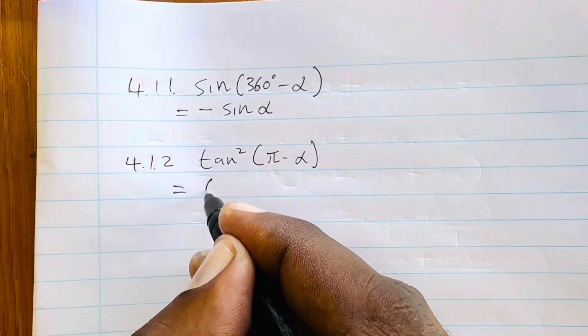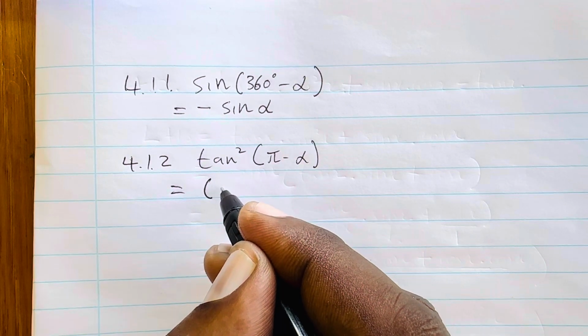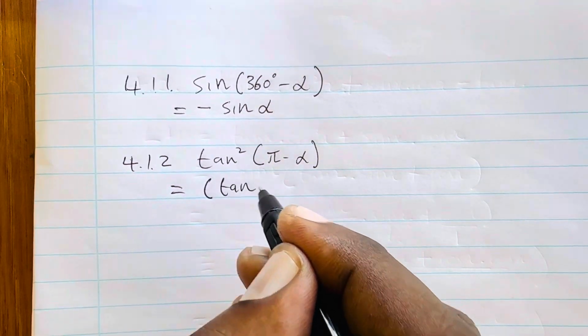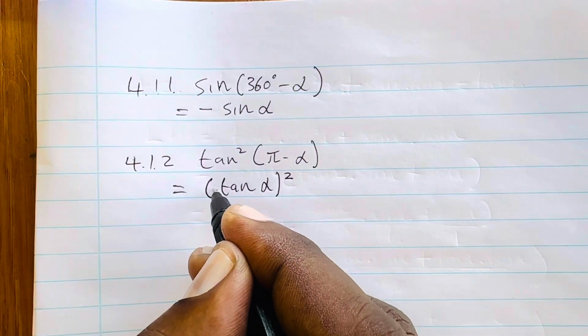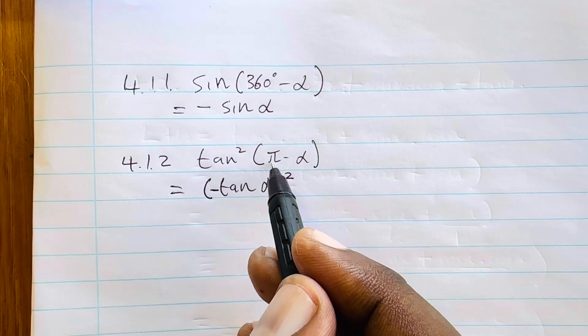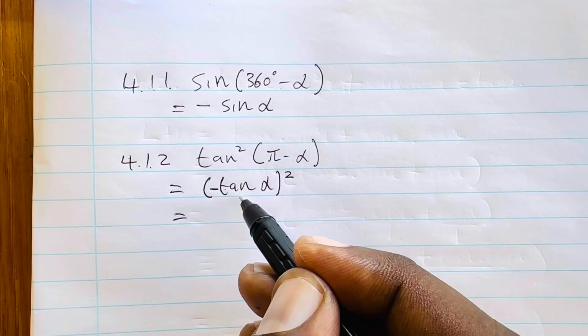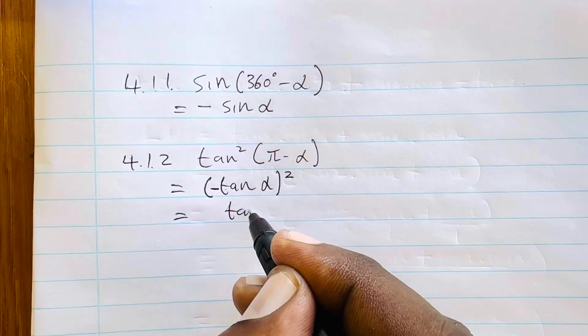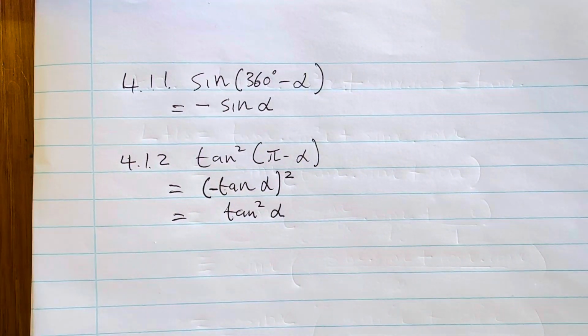We start solving. Tan of 180 minus is not the home for tan, so you're going to have minus tan of alpha, all squared. Negative tan alpha squared becomes positive tan squared alpha. That will be our 4.1.2.